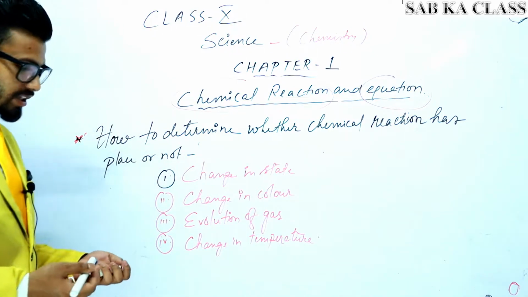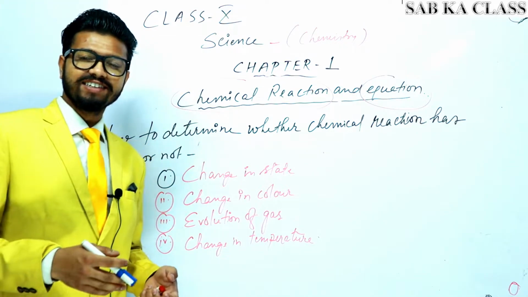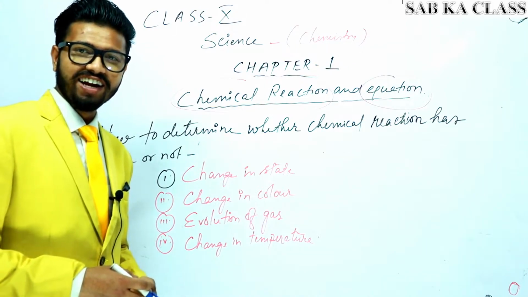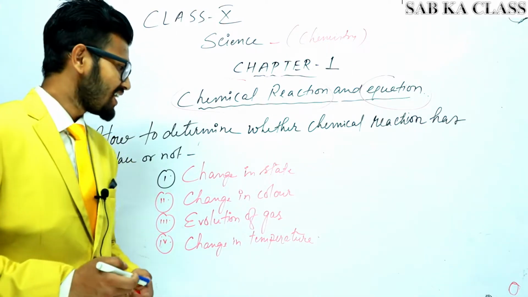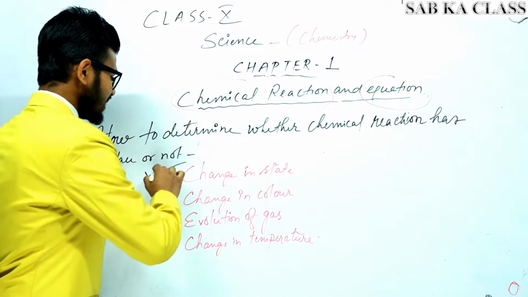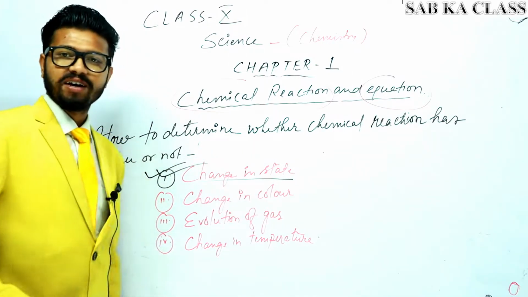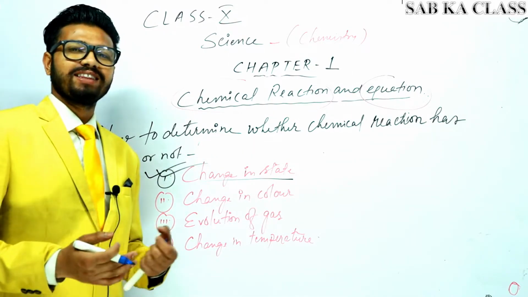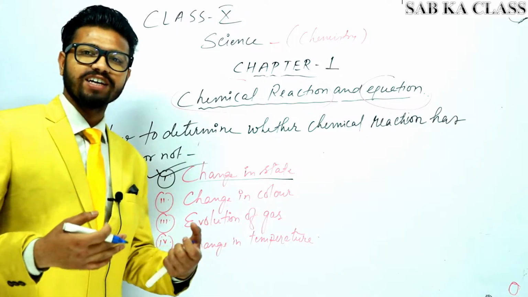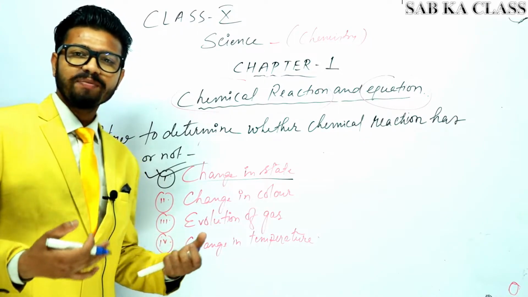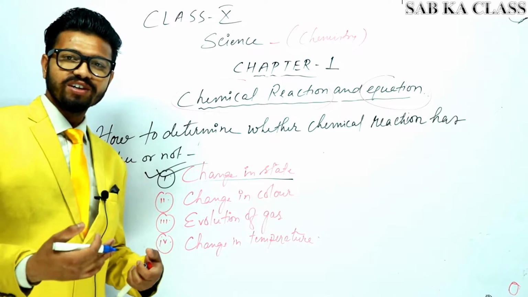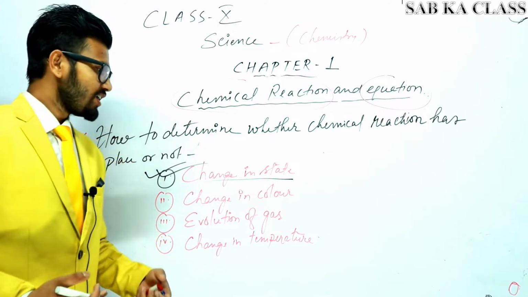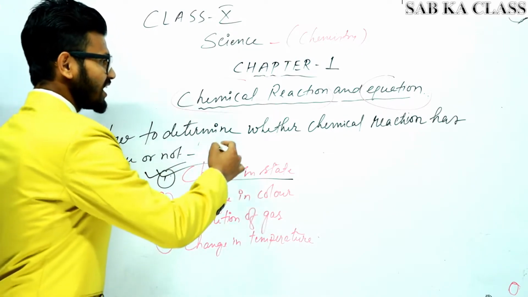If we see the following things, then we can directly say that definitely the chemical reaction has taken place. If there is a change in state, meaning some objects change from solid to gas, gas to liquid, that is a chemical change.